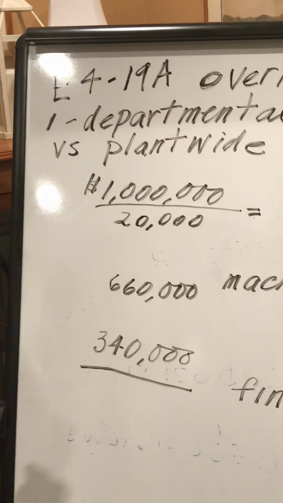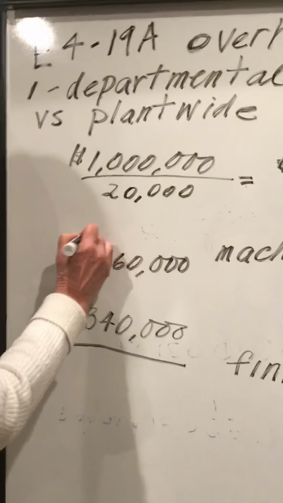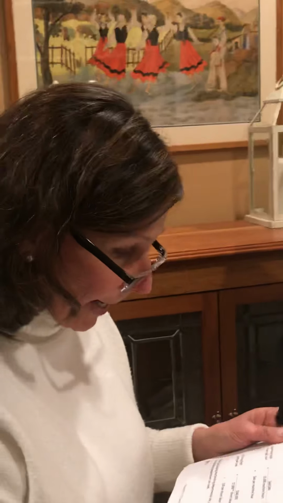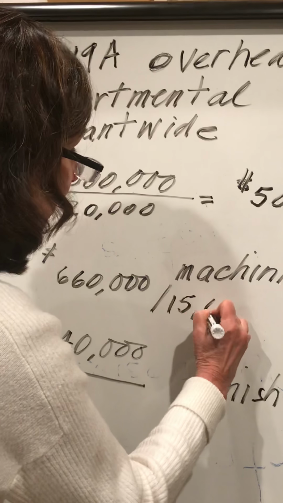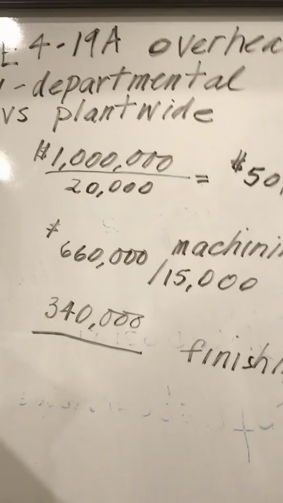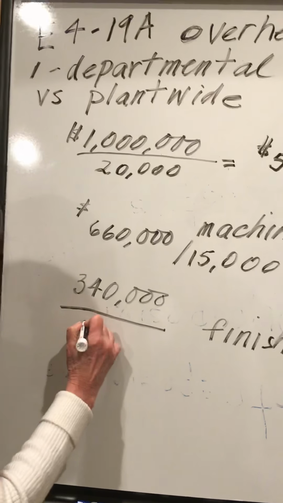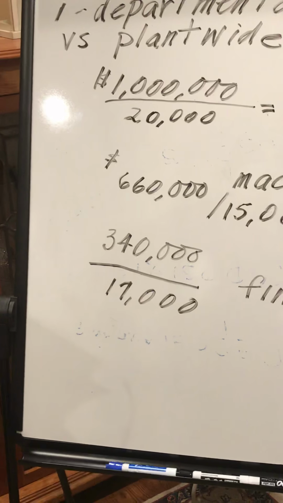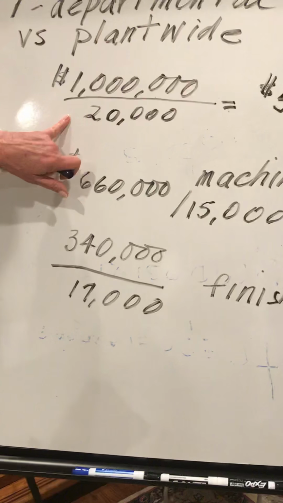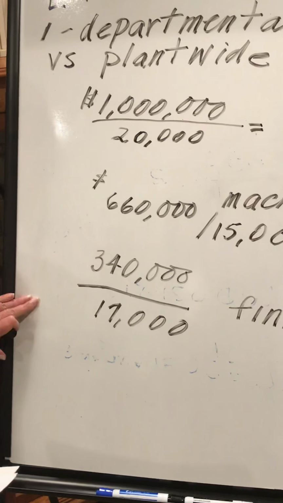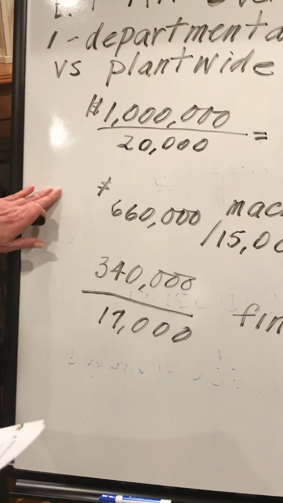We're just now splitting it up. So, they tell us in the problem that for the machining department, they expect to run machines for 15,000 hours. Now, these are machine hours. And they tell us that they expect to have 17,000 direct labor hours in the finishing department. Now, notice that 17,000 is different than the 20,000. Why? Well, probably because the other 3,000 hours are happening in the machining department.